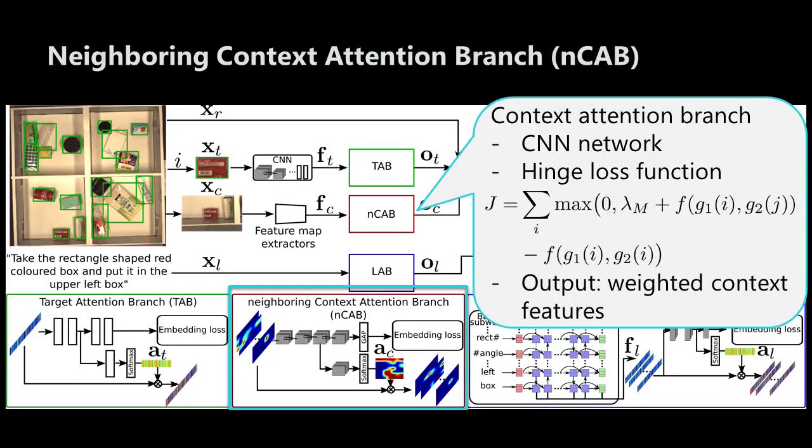The context features are extracted from the image and processed in the neighboring context attention branch. This branch is composed of convolutional layers. Similarly to the target attention branch, a hinge loss function is minimized.